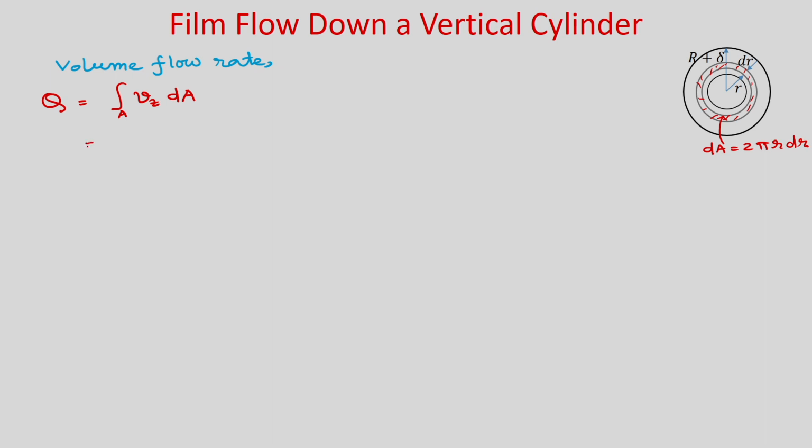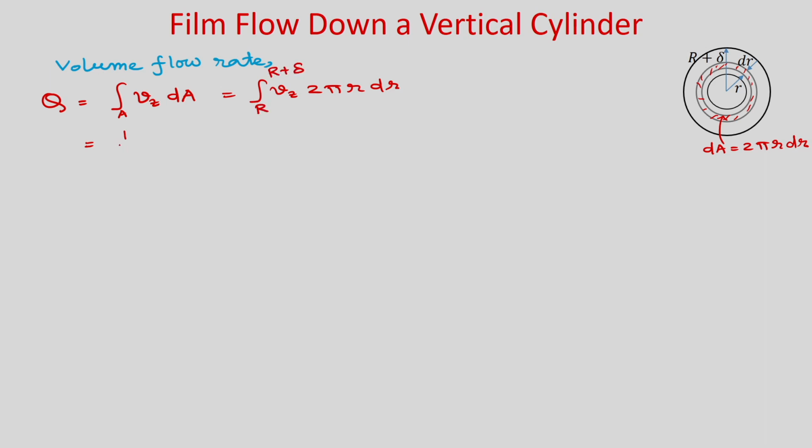So, if you put the velocity distribution Vz here and if you integrate it, and the constant if you take, so it will be Vz twice pi r dr, and you have to integrate from r to r plus delta, r to r plus delta.